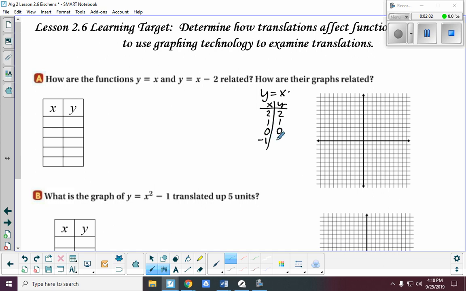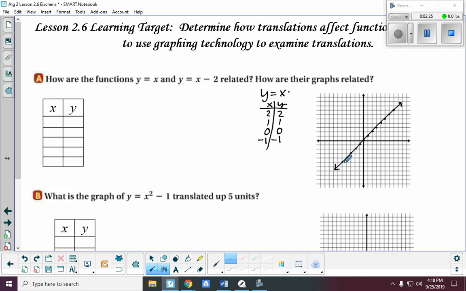If x is negative 1, y would be negative 1, and so forth. So if you plot those points, you have a line, and this is your parent function of the linear functions. It's just your most basic. And you would draw a line through here that would keep going.